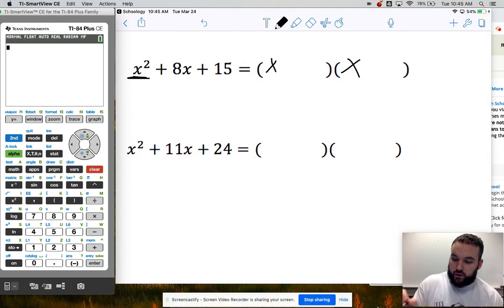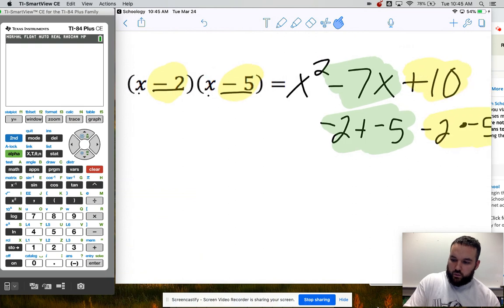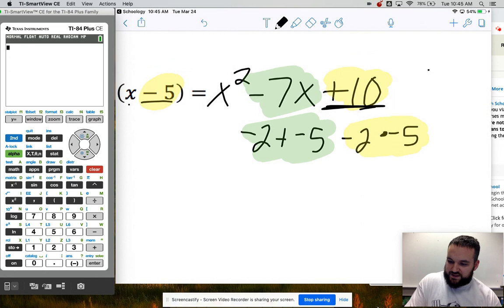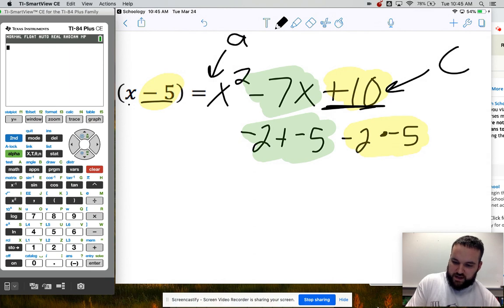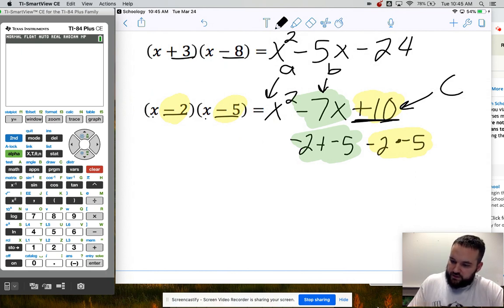If we look back at this previous example, we see that this number at the end, which I'm going to call C, it goes A, B, C. The number in front of x squared is A, this negative 7 is B, and then C. So if I take a look at this, I see the C value came from multiplying these together.